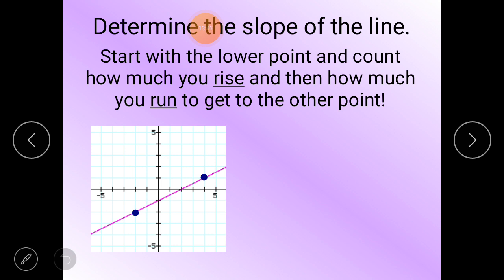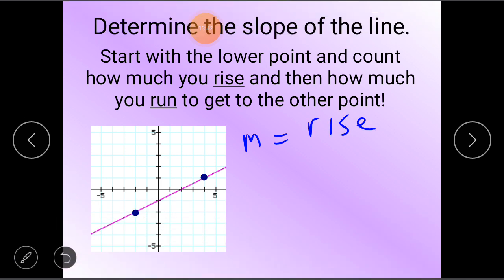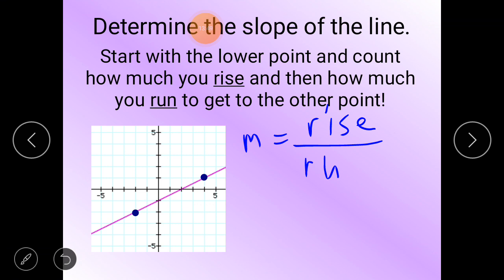Slope equals rise over run, and you must be careful with the sign. If you're going up, the sign is positive. If you're going down, the sign is negative. If you're going to the right, the sign is positive. If you're going to the left, the sign will be negative. Please remember that.